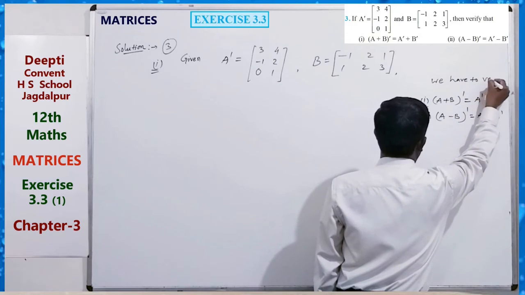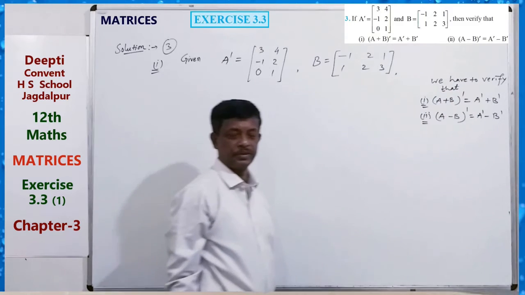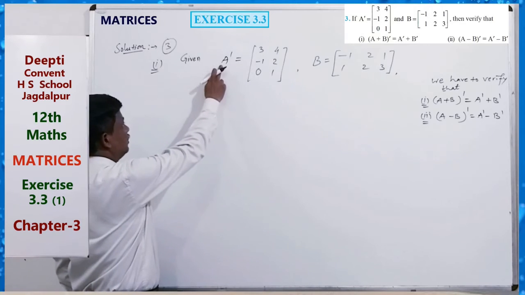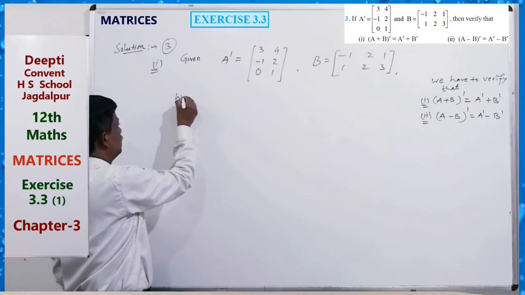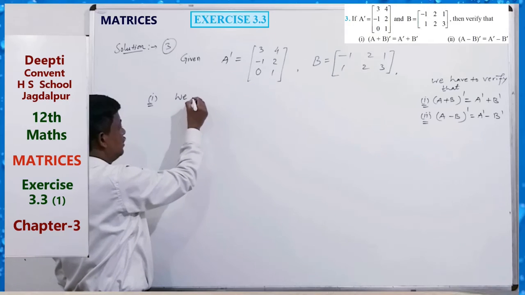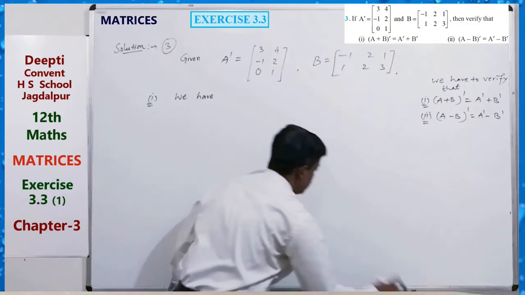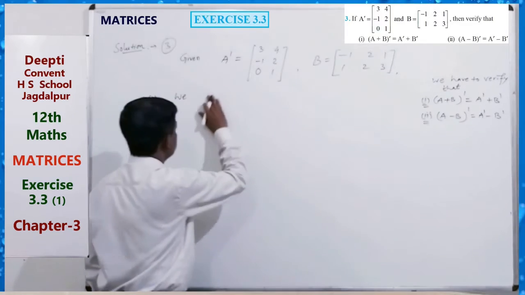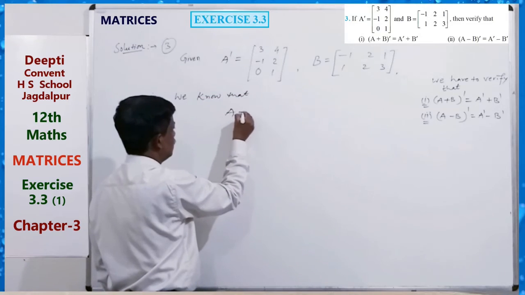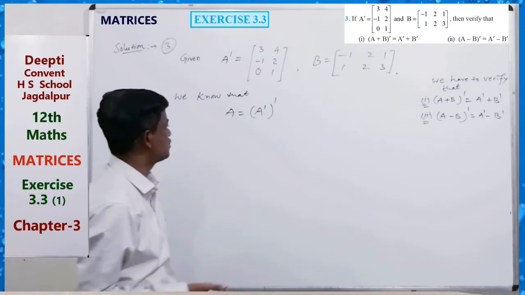We have to verify this. Here A is not given, but we know that (A dash) dash is equal to A, by using the properties of transpose.